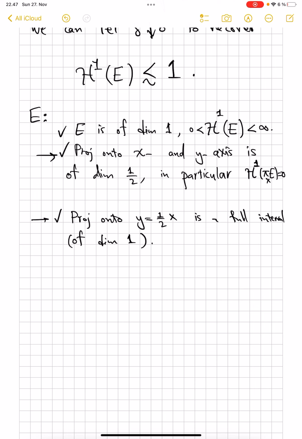We have x-axis and y-axis, these particular lines. You project onto them, you don't see your set. You don't see any length. The length becomes 0 under the projection. So their shadow doesn't show any length, but the set itself does have positive and finite length. Then there is this other particular line you project onto, and then you see a lot of your set. You see a full interval. Which is the more typical one?